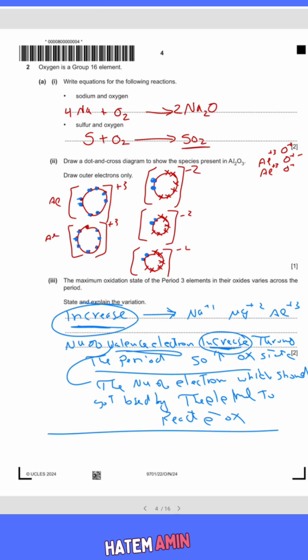So the answer is: it increases as the valence electrons which can be used increase, so it will lead to an increase in the oxidation number.